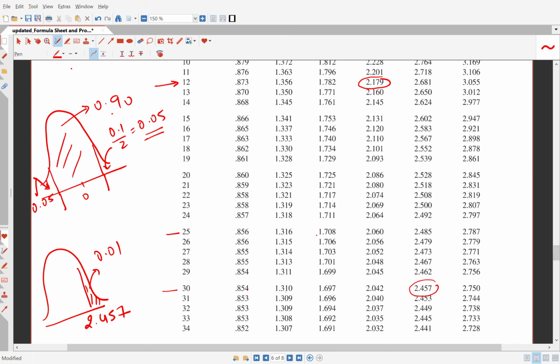So it is 1.708. That means this is 1.708 and this is negative 1.708. So the area between negative 1.708 and positive 1.708, the area in the middle, is 0.90 or 90%.